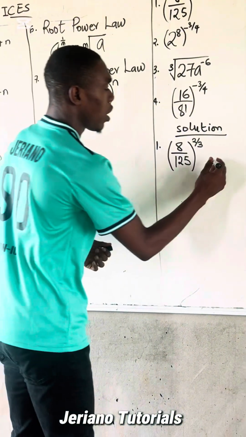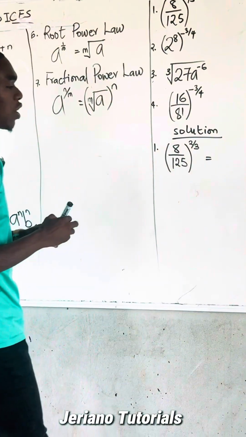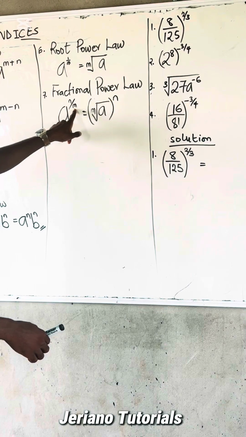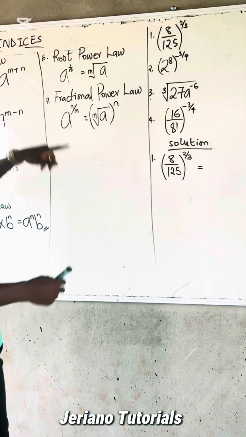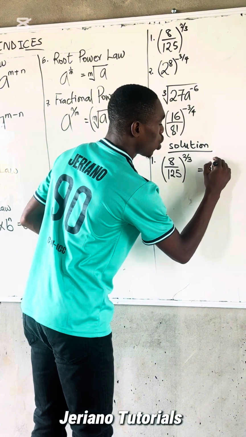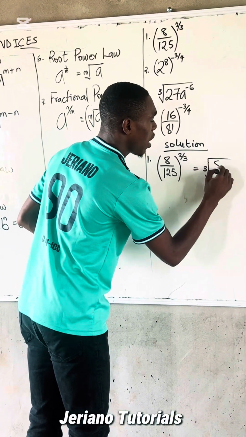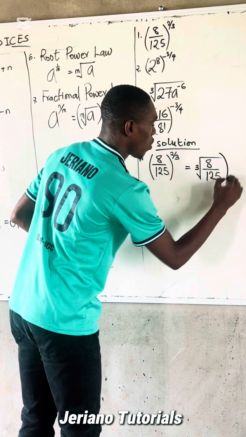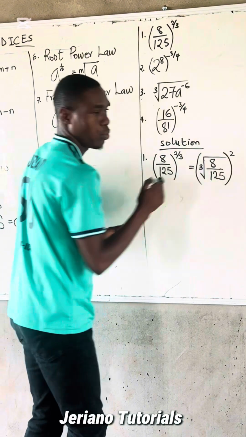Now, what we do is obey our fractional law, where the denominator of our power takes the root of our base. If we apply this, this becomes the cube root of 8 over 125, all raised to the power of 2.